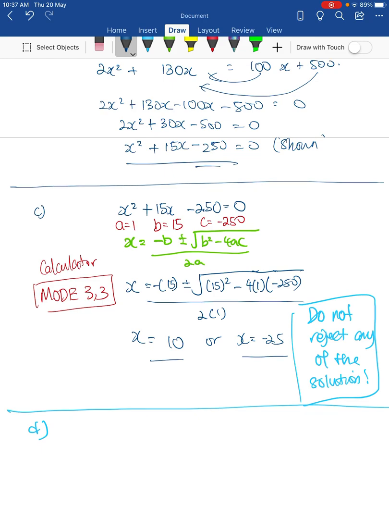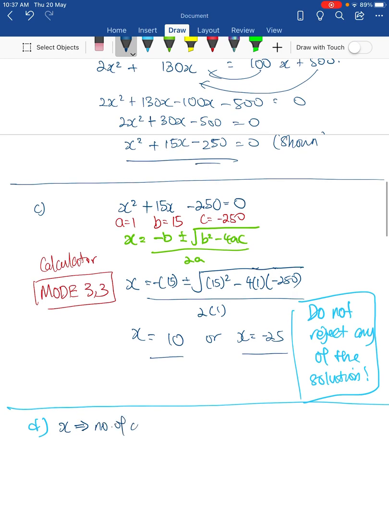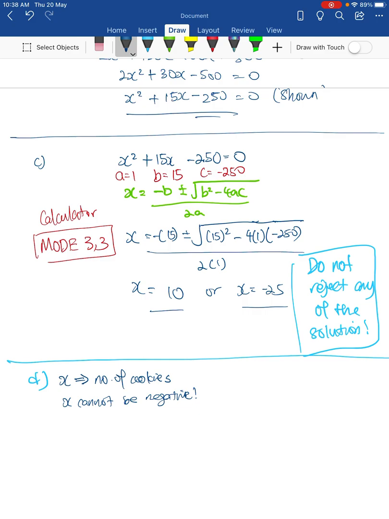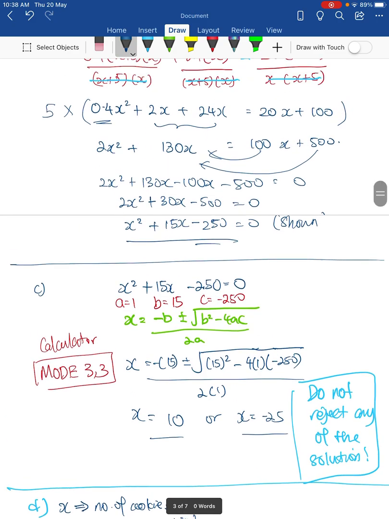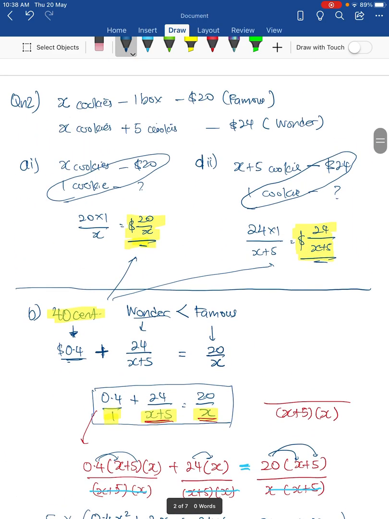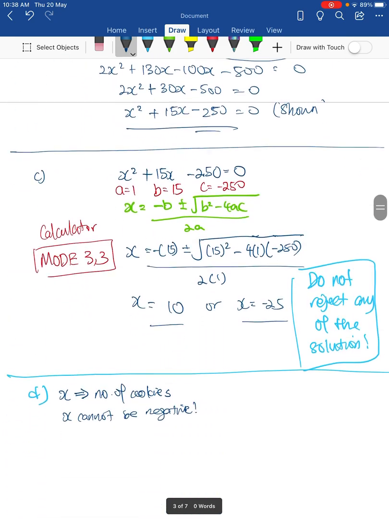As we can see, x actually represents a number of cookies, correct? If you read the question, since x is the number of cookies, x cannot be negative. So when you want to find the price for each piece of cookie from the Wonder cookies, the Wonder cookie is the second one, which is 24 over x plus 5.